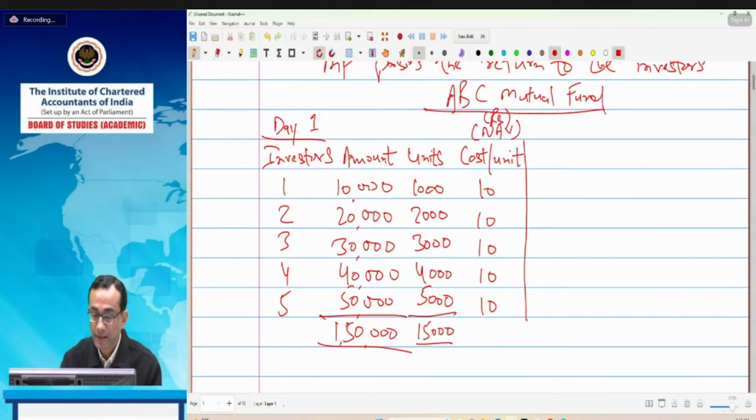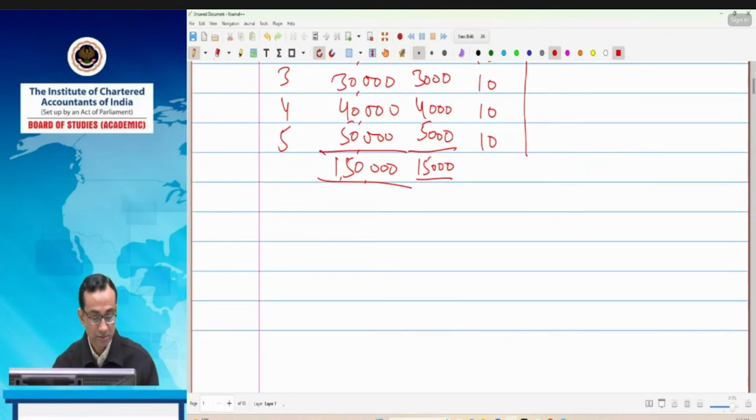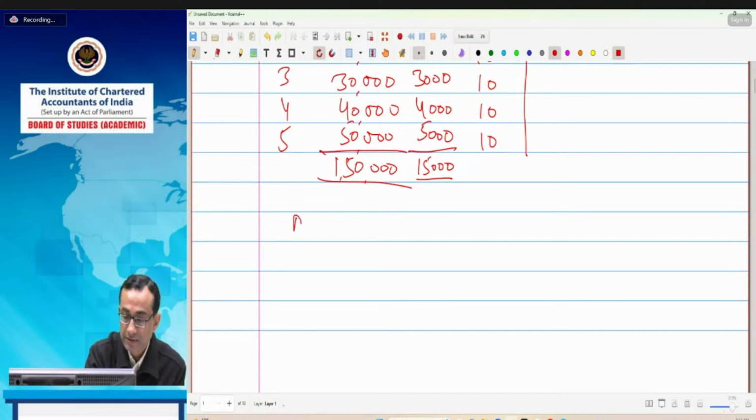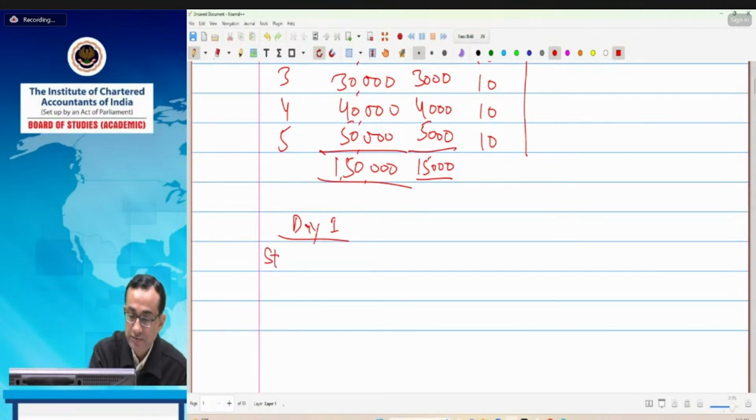Okay. Now, whatever amount the mutual fund has collected, the next step is to invest it into various investment opportunities. So let us take day one itself. And it is invested, for the sake of simplicity, let us assume, into stocks.